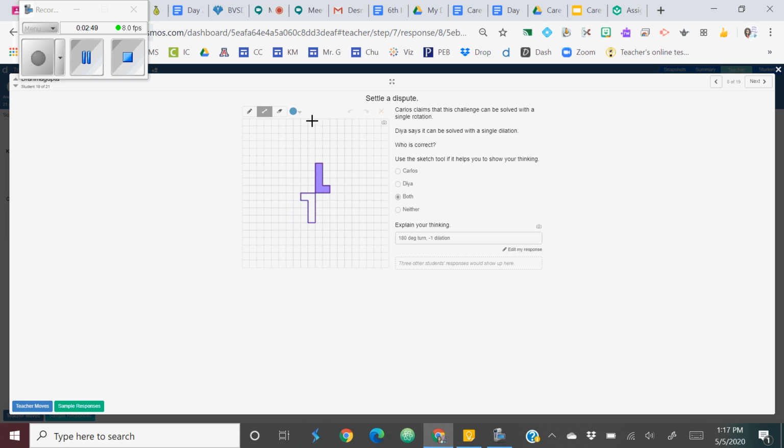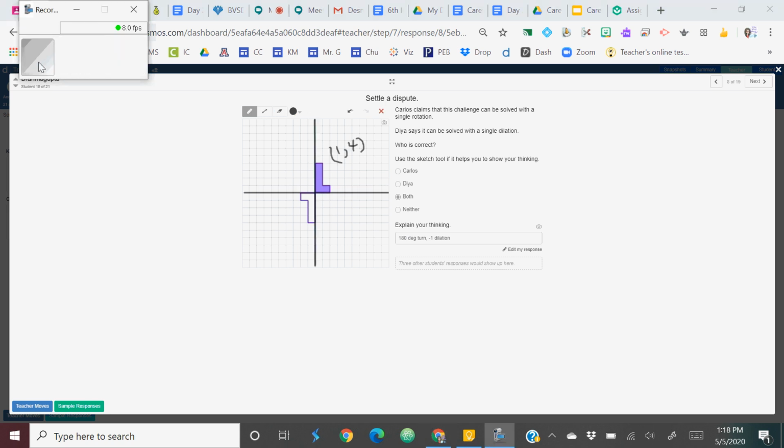But if you imagine this being a coordinate plane, I'm going to pause to draw. If this was a coordinate plane, and this point here is 1, 4, for example, a 1 dilation would just keep the figure exactly the same. A 2 dilation would make it grow out this way if the origin was the center of the dilation.